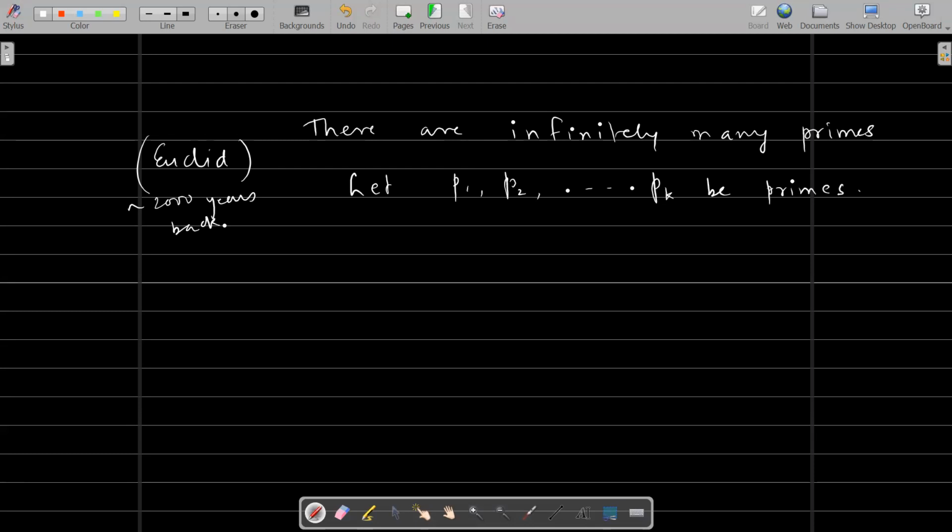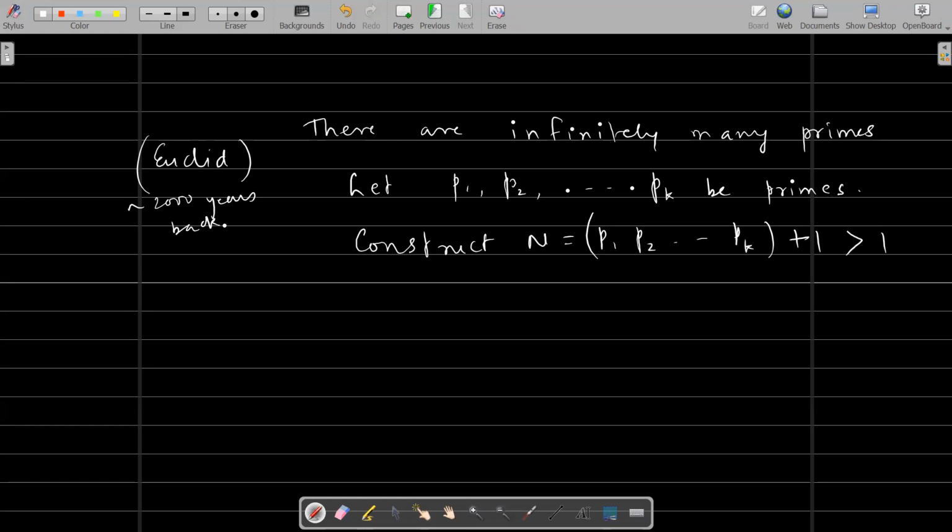These are known primes. And now construct a number. So construct n equal to the product P1 P2 P3 up to Pk, so the product of all known primes, plus 1. Why plus 1? So that I can surely say the number is greater than 1. It's 1 plus something.